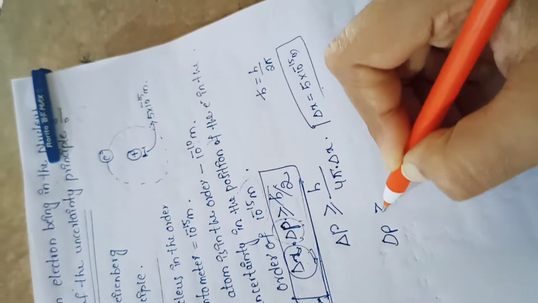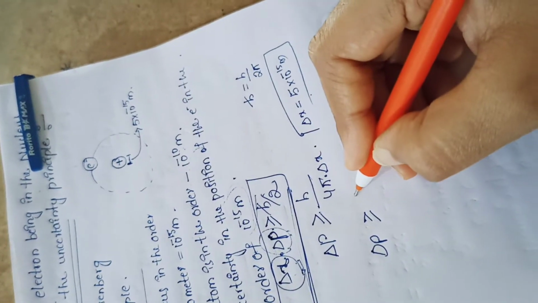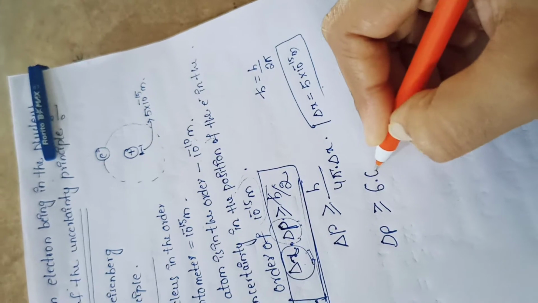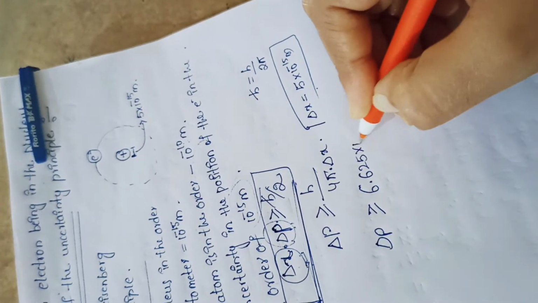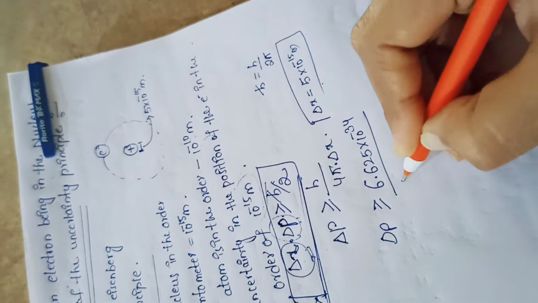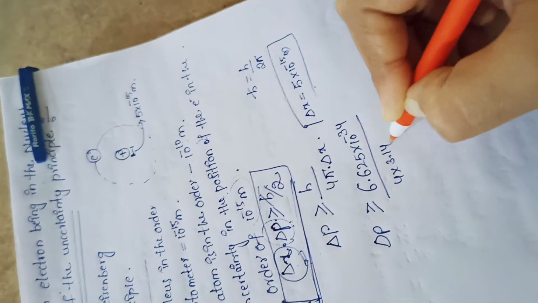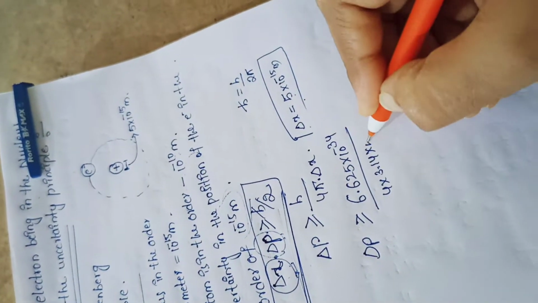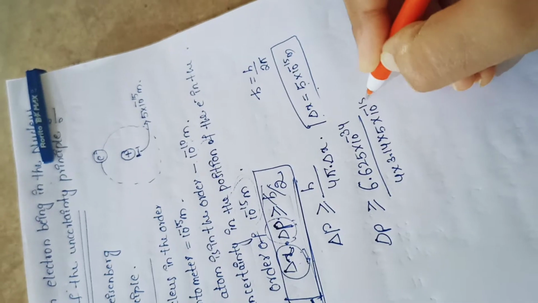Delta p is greater than or equal to h, the Planck's constant 6.625 into 10 to the power of minus 34, divided by 4 into 3.14 into delta x, 5 into 10 to the power of minus 15.